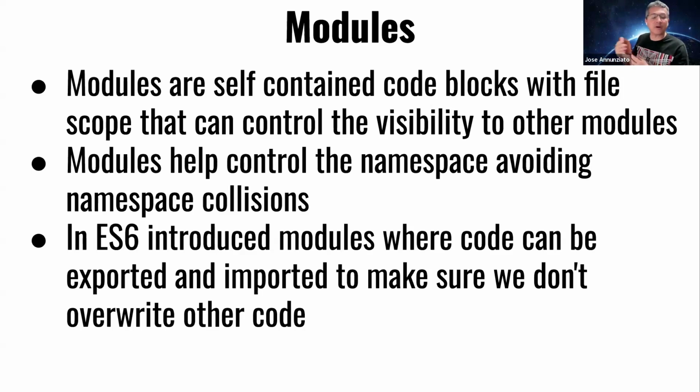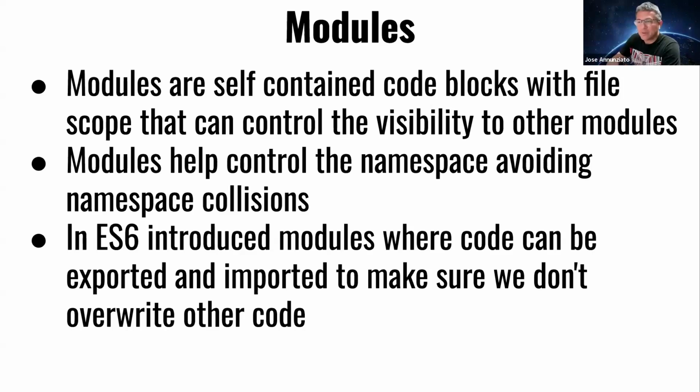Or if you declare a function early on in your code, and then you load another library, another JavaScript file, and it has the same name for that function, it just overrides whatever initial declaration you had. So there was no way to manage the fact that certain things had different scopes or different namespaces.